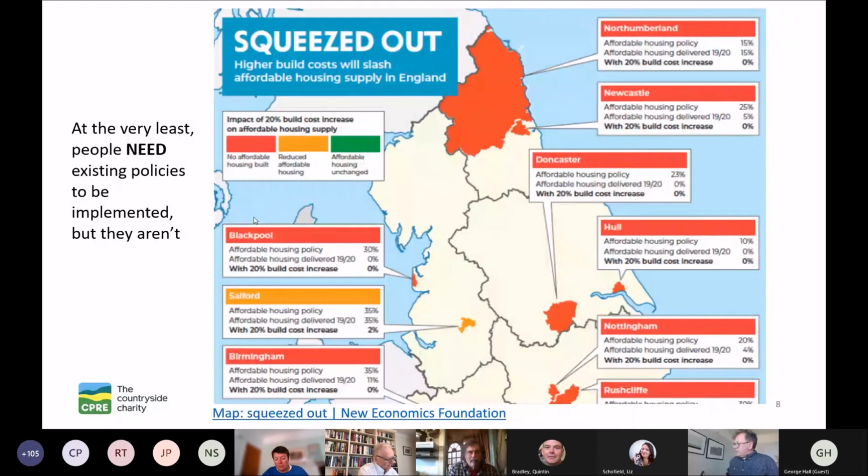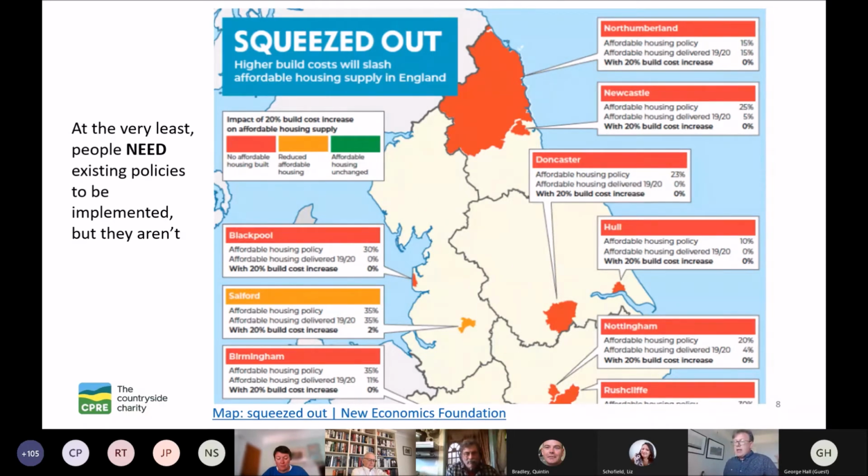While we know that the system is weak on things like climate resilience and on car dependence, on the other hand, authorities do have clear policy expectations for the proportion of new homes that should be affordable. This piece of work by the New Economics Foundation is intended to show that higher building costs arising from things like Brexit and the pandemic, and also possibly now from war, will slash affordable housing delivery.